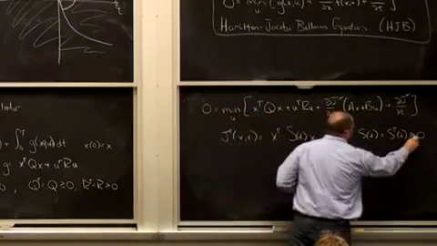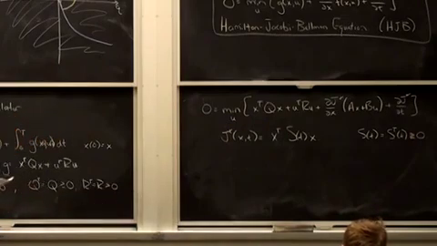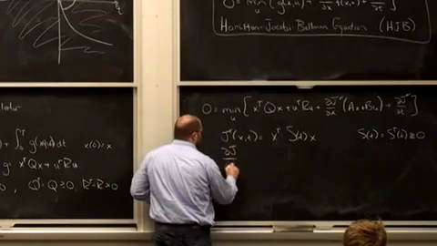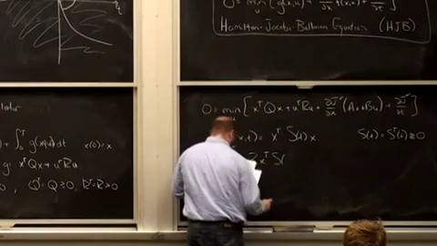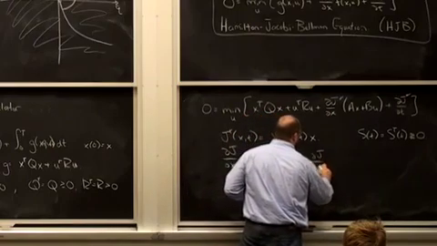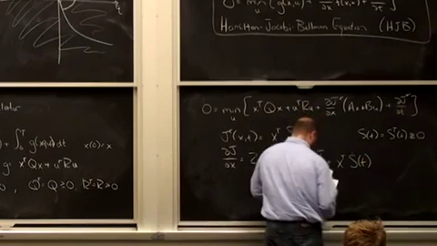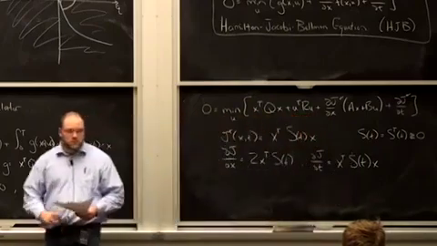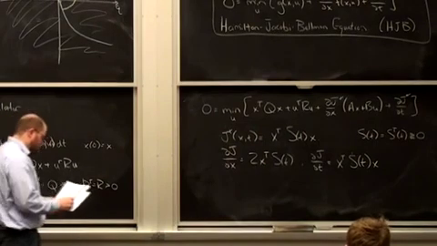In that case, partial J partial x is 2x transpose S of t. Partial J partial t is x transpose S dot of t x. Okay. Let's pop this in.